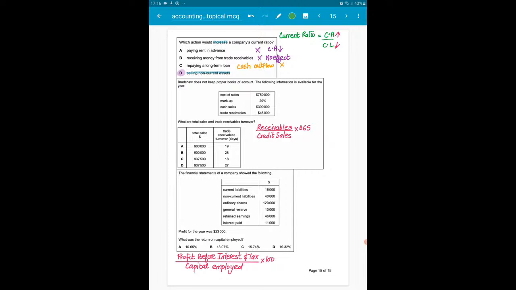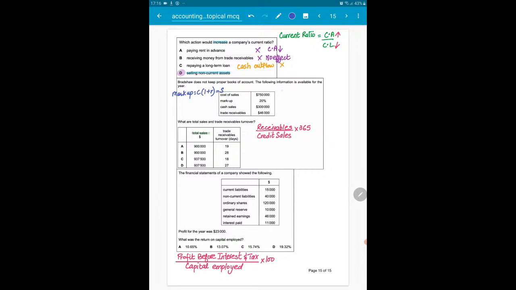If we talk about the total sales, we have been given the markup and the cost of sales, and we are going to use the markup formula in order to find the sales. What is the formula for markup? Cost times (1 plus R) is equal to S, that is, 1 plus the rate, multiplied by cost, will give us the sales.